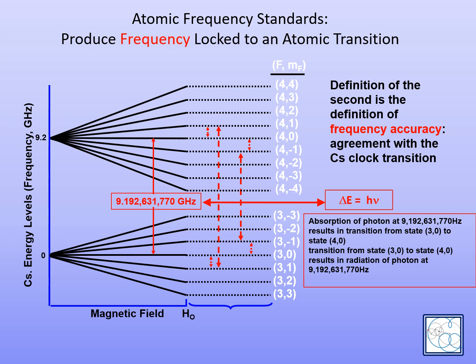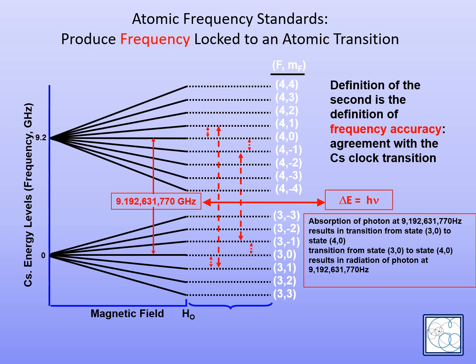So the magnetic field is on the horizontal axis, the energy levels are in the vertical axis, and the change in energy from this 3,0 level below to the 4,0 level above, that change in energy corresponds exactly to this frequency, 9.192631770 gigahertz. And the reason it's exact is because it's a definition.